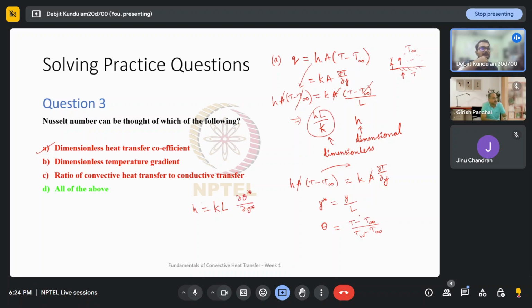Now I know that there's a W missing somewhere, so I should cast this problem in a different way. This itself is TW minus T infinity.